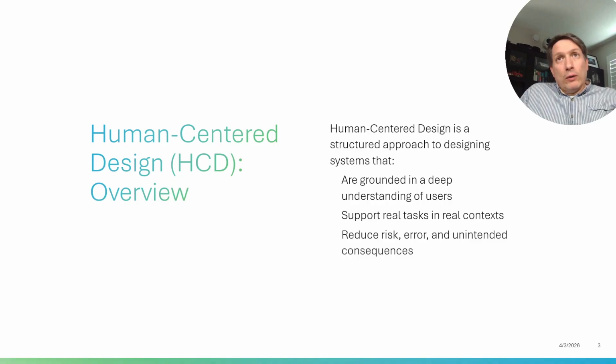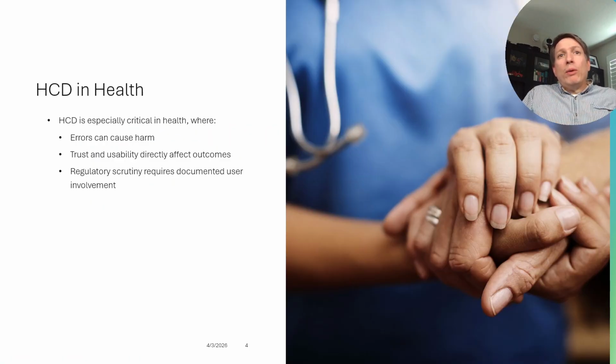When we put that in healthcare, this is going to be critical because errors can cause harm at the individual, group, or population level. And any problem with trust and usability could directly impact the outcomes.